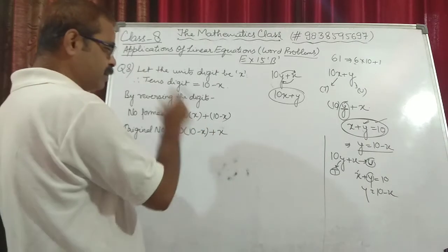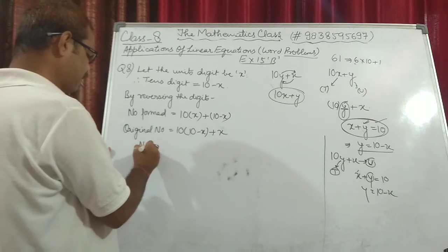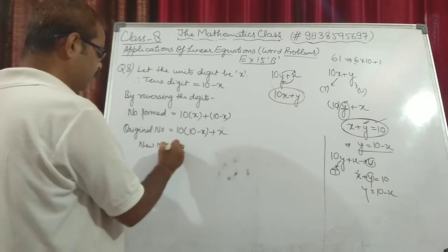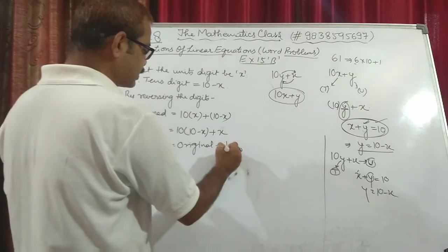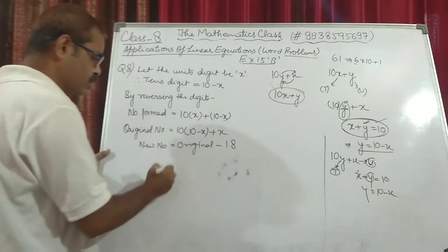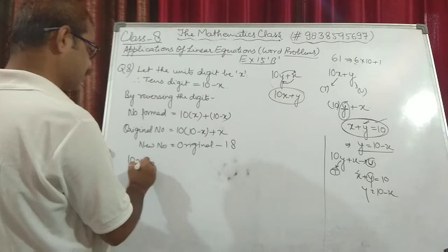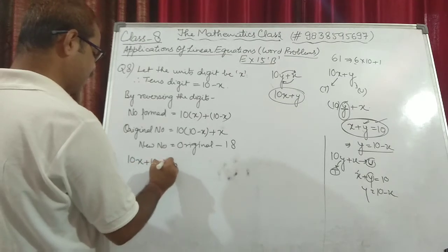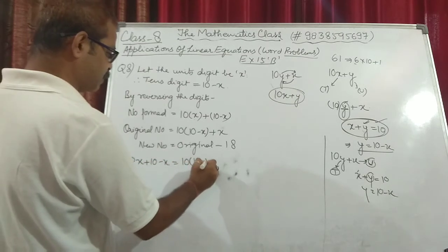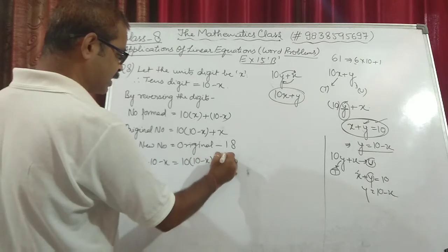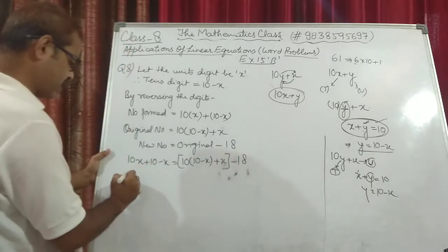Means original number minus 18 is equal to the new number. So the new number is 10x plus 10 minus x. The original number was 10 times of 10 minus x plus x, minus 18. Now we just have to solve it out.